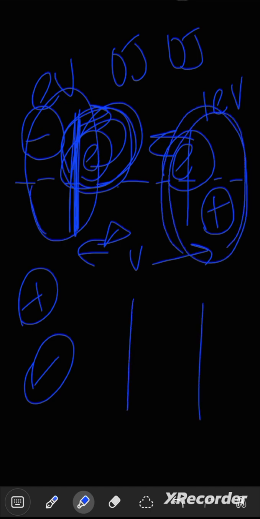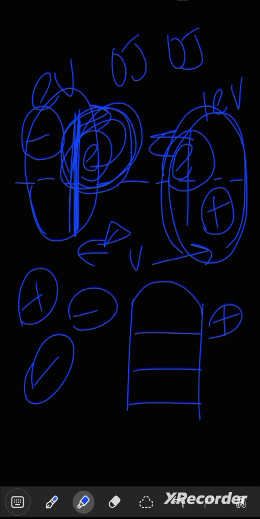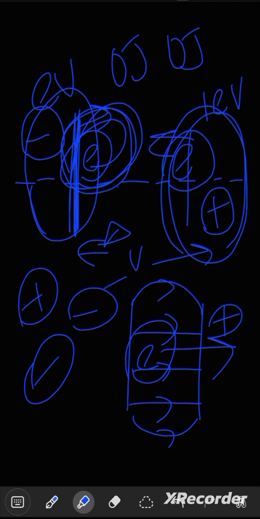So you have an electric field that looks something like this. And then only you can be certain that when you place an electron over here, you would actually see a motion from this pole to this pole, right?